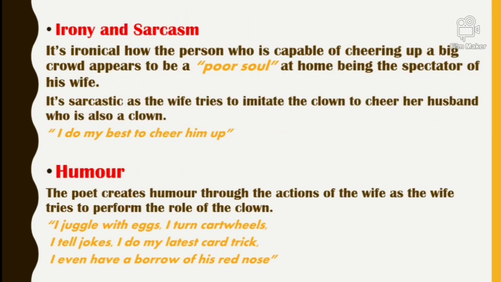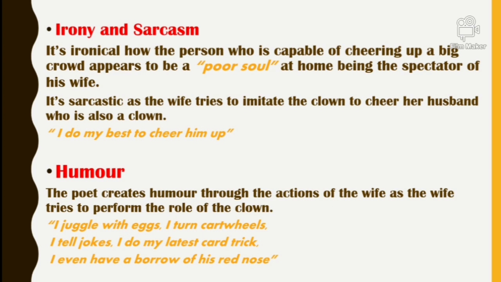Well, next, irony and sarcasm. This is another important technique. It's ironical how the person who is capable of cheering up a big crowd appears to be a poor soul at home, being the spectator of his wife. Now just think about it.